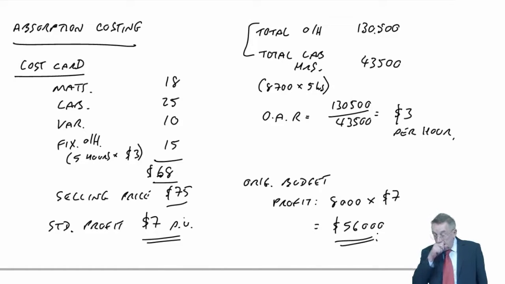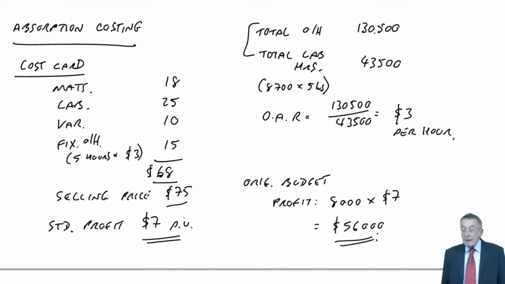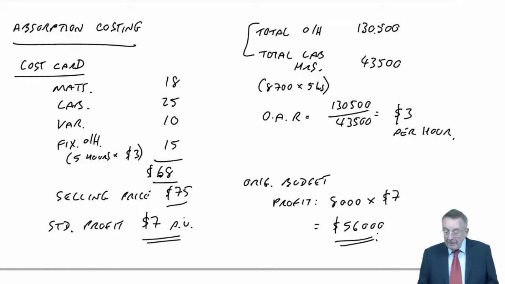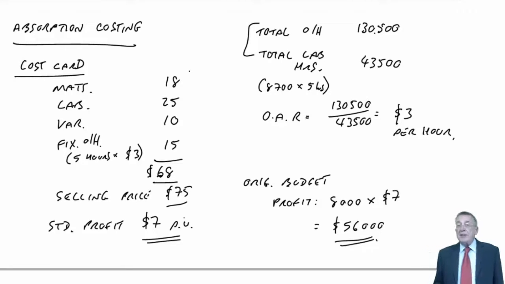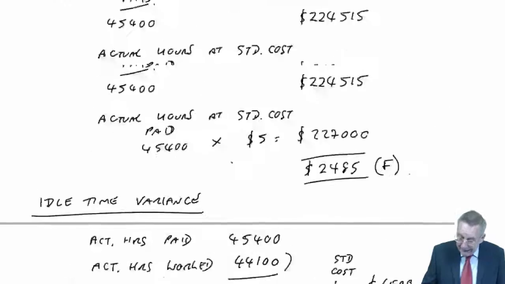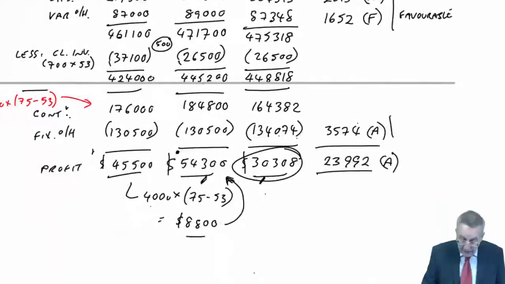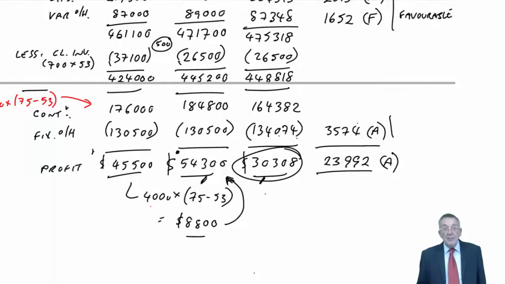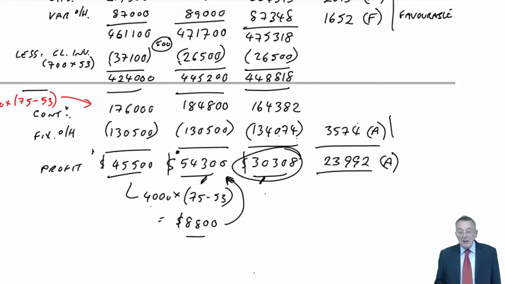All right, now this is still actually a revision of chapter 1. This is absorption costing, and the budgeted profit was 56,000. If you look back, when we did marginal costing, we were budgeting on a profit of 45,500.